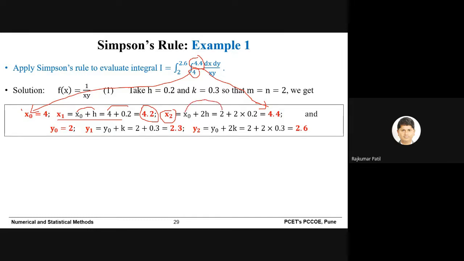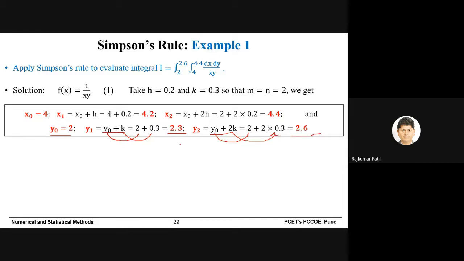So x0 is 4 and 2h will be 2 into 0.2, so it will be 4.4. Similarly, you can calculate the values of y as well. So y0 is 2, y1 is nothing but y0 plus k, where y0 is 2 and k is 0.3, so the answer is 2.3. Similarly, y2 means y0 plus 2k, where y0 is 2 and 2k is 2 into 0.3, and you will get 2.6 as the answer.